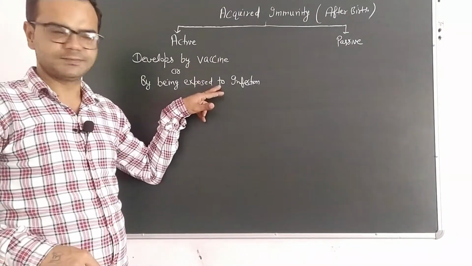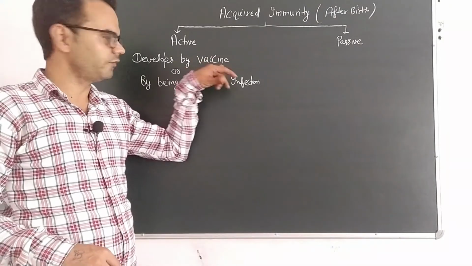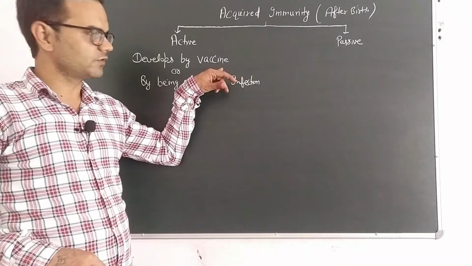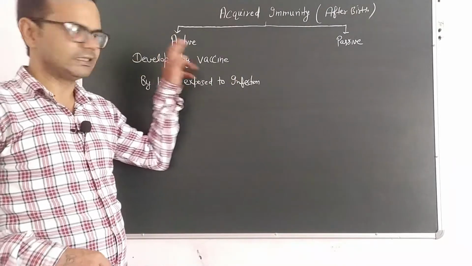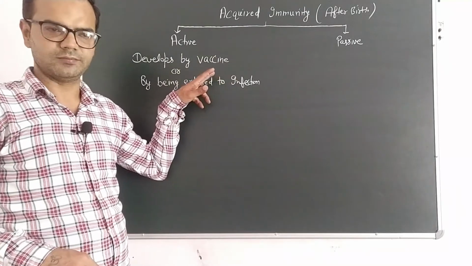By these two ways, germs are introduced in our body. In case of a vaccine, a small amount of pathogens will enter our body. It is necessary to introduce germs so that immune cells will recognize them and make antibodies against them.